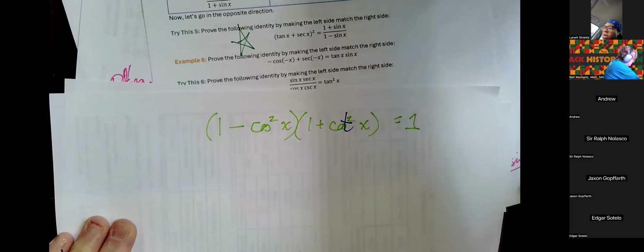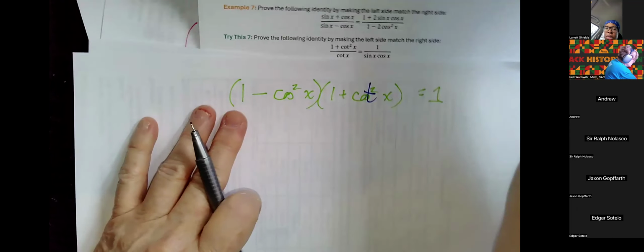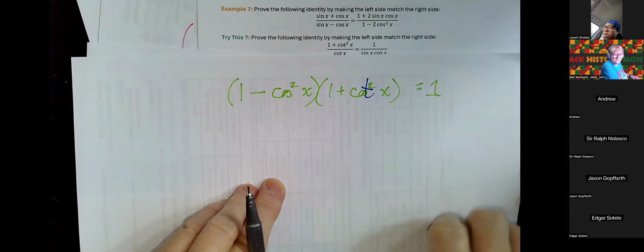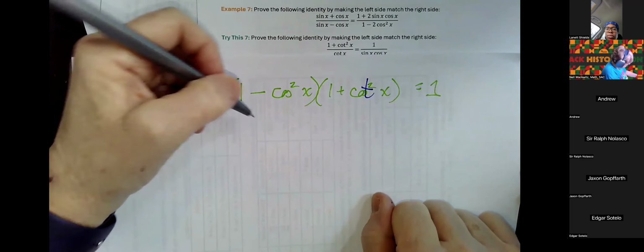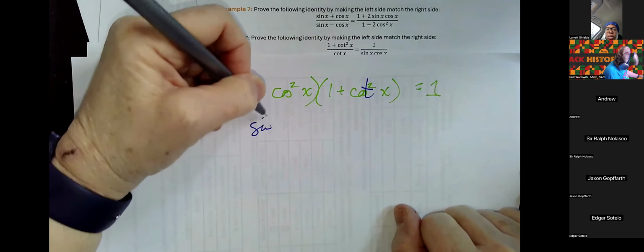Thank you for noticing. So both of those are trig identities, no? Good. So the first one would be sine squared x.